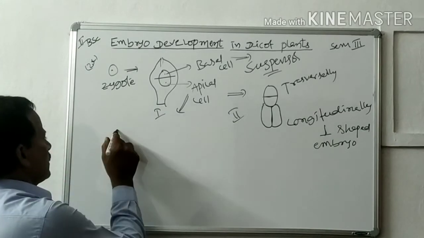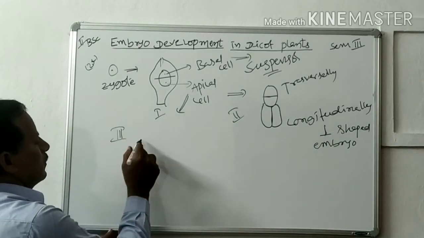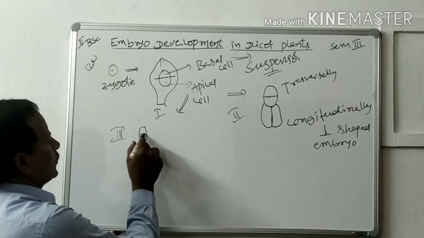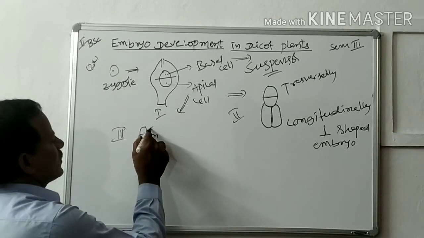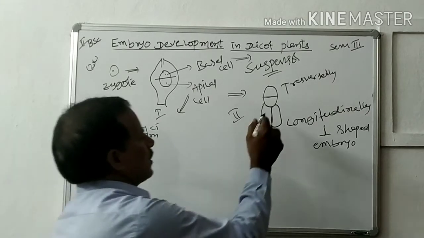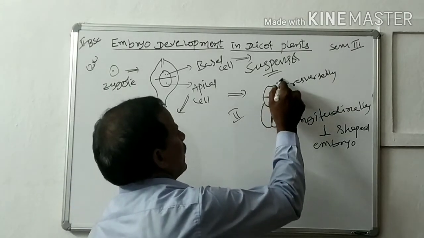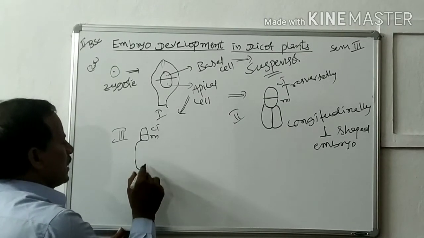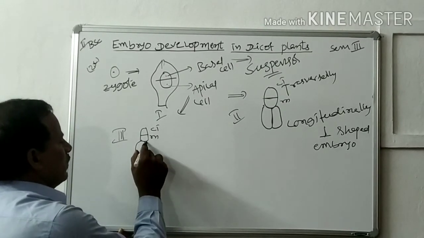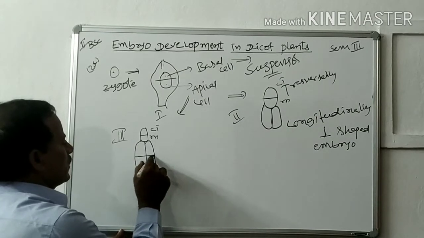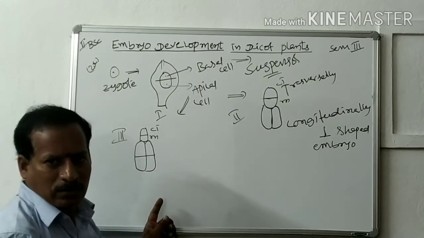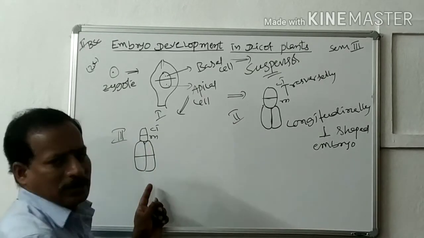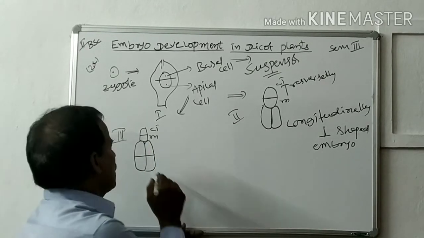And the third stage is: these are the two cells. These two cells divide vertically and give rise to four cells.